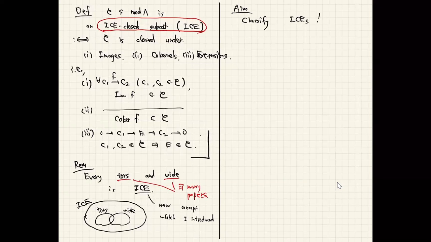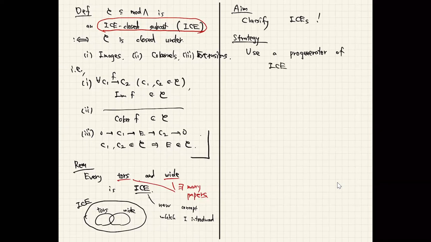But I will use this strategy. The strategy is to use a projective generator of an ICE-closed subcategory.